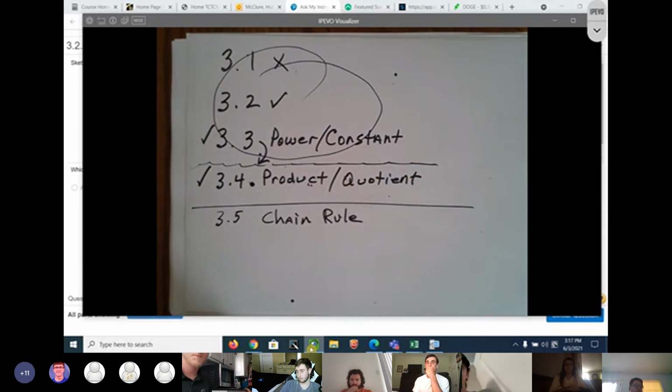And for 3.1, that's why I went ahead and showed you a couple of those problems. 3.1 is okay, but when I teach calculus, I don't use the instantaneous velocity because I find that confuses students when you're working with the difference quotient. So that's why I don't teach it together.